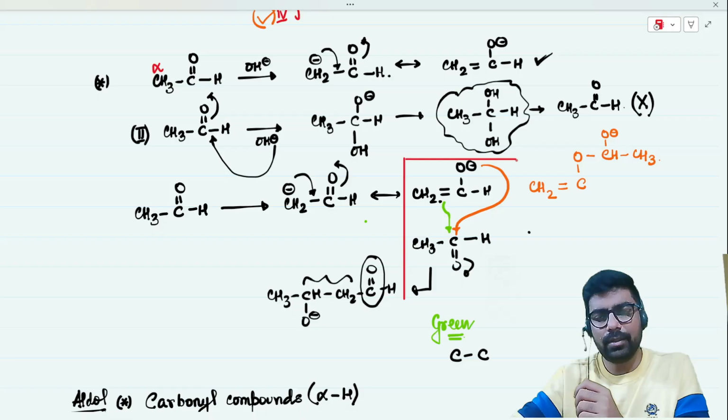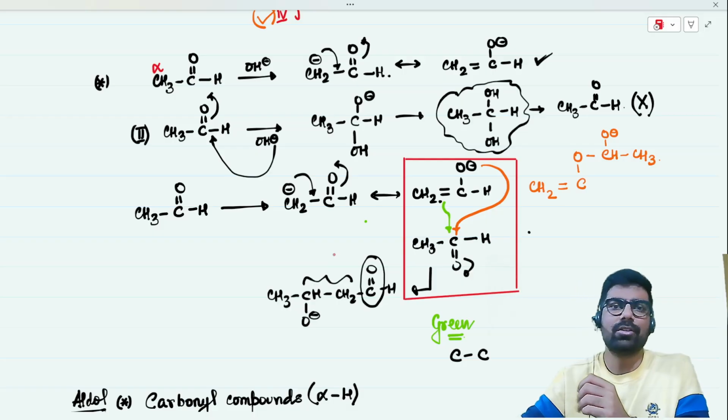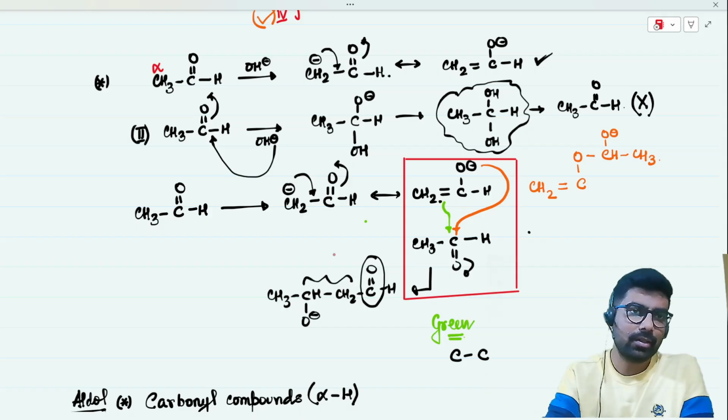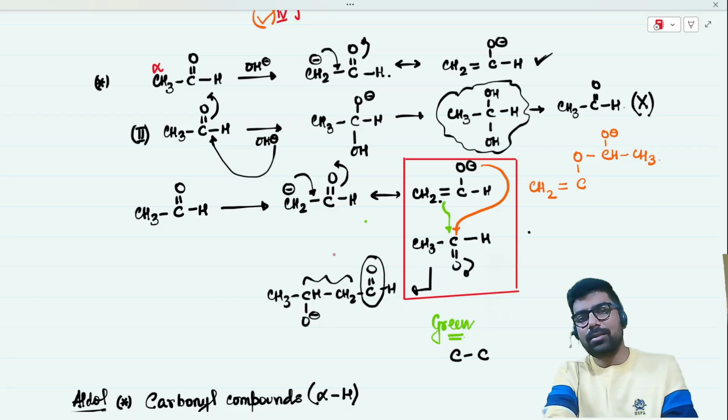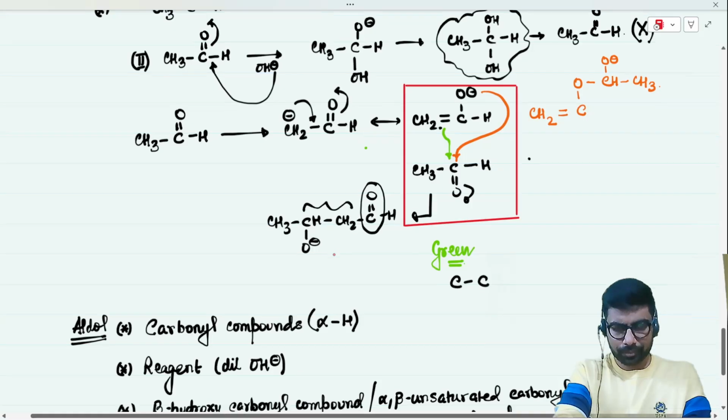So based on this, you can easily find out which could be a major product, which could be a minor product. Okay, so these are the basic things of aldol condensation.